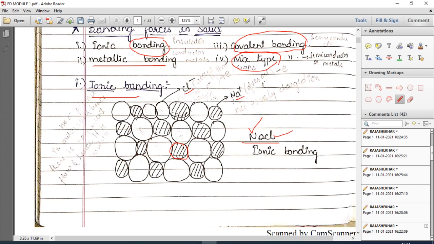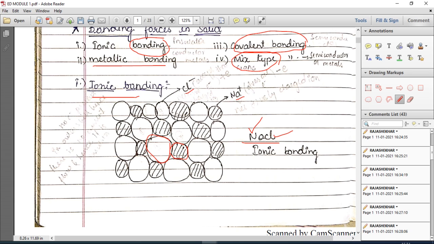Similarly for chlorine, if I take this as a Cl atom, it is surrounded with 4 sodium atoms: 1, 2, 3 and 4. Again this chlorine also has 6 nearest sodium atoms, but because of the 2D image we have shown only 4 sodium atoms.